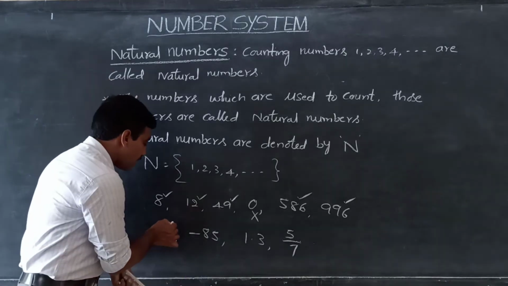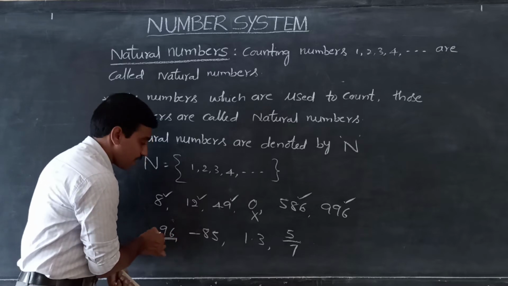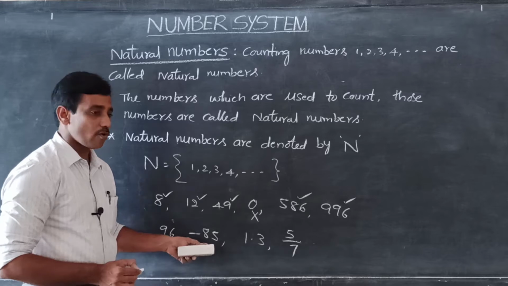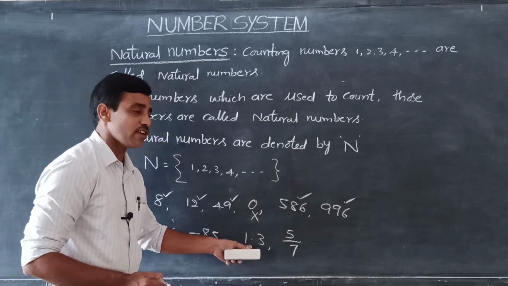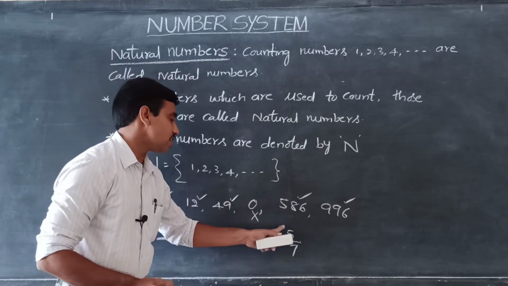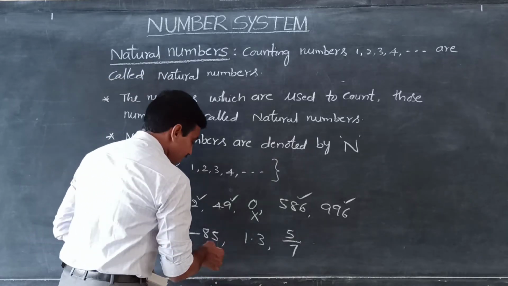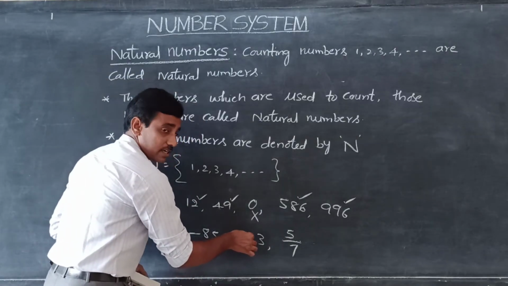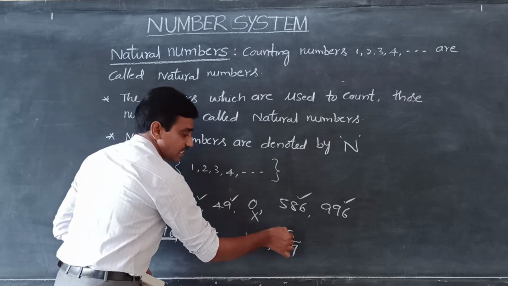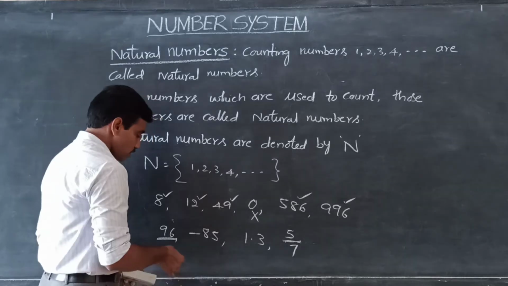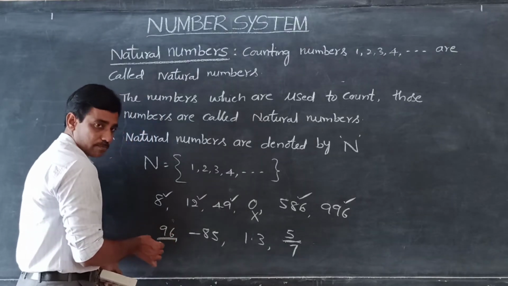Here, while counting, 96 is a natural number. Then minus 85 is a negative number. 1.3 is not a natural number. 5 by 7 is also not a natural number. 1.3 is a decimal number, right? 5 by 7 is in p by q form. So it is not a natural number. So only 96 is a natural number.